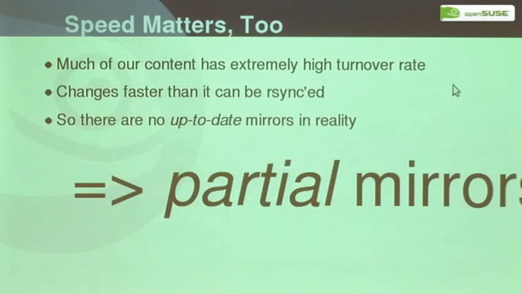So that's actually faster than it can be synchronized, in fact. Because during the sync, it's already changed. So a mirror is always some kind of unsharp picture. So we have no up-to-date mirrors in reality by definition. So what we have are partial mirrors. So what can we do with them?